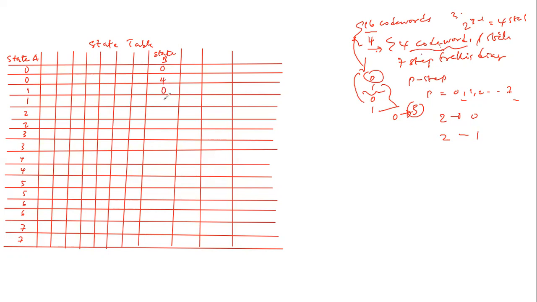Then the next interval is from state 1 to 5, which is 4 steps, 4 code words. 1 to 5, then 2 to 6, then 3 to 7, so that the difference, 7 minus 3, is 4. Okay? So that we have 4 code words per state.